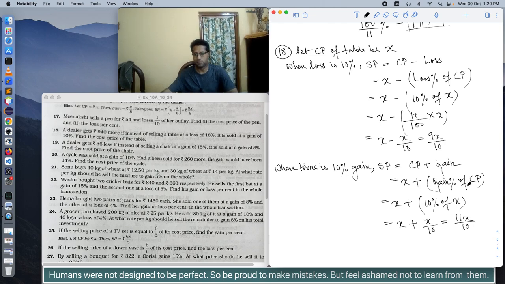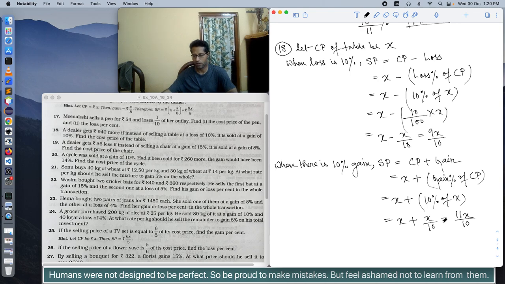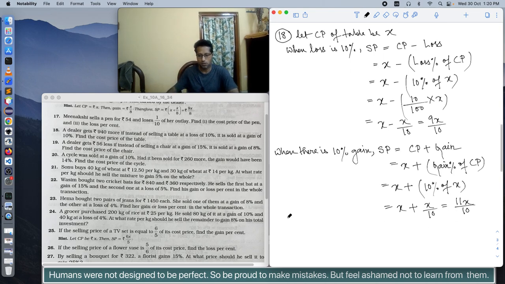Okay, so when there is a loss of 10%, we are having selling price as 9X by 10, and when there is a gain of 10%, we are having selling price as 11X by 10, where X we have assumed to be the cost price of the table. So this implies definitely we must have 9X by 10 is less than 11X by 10. So we must have 11X by 10 minus 9X by 10.